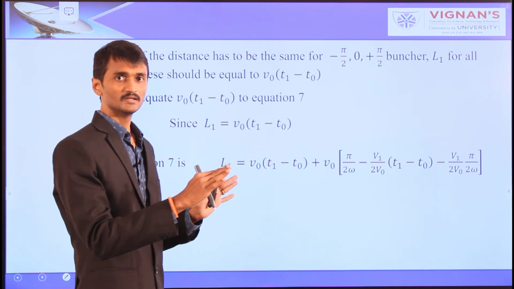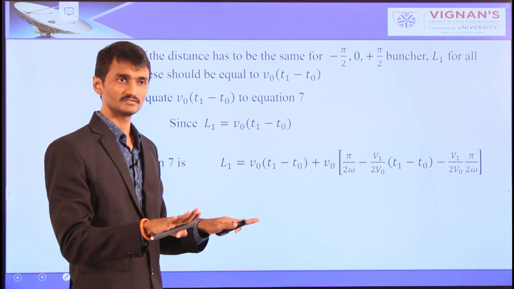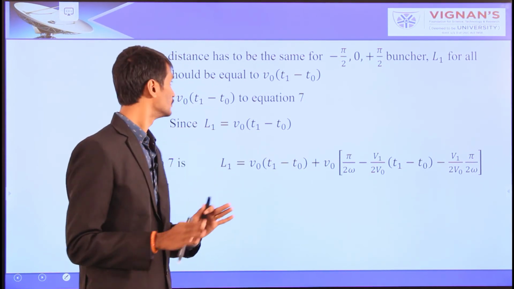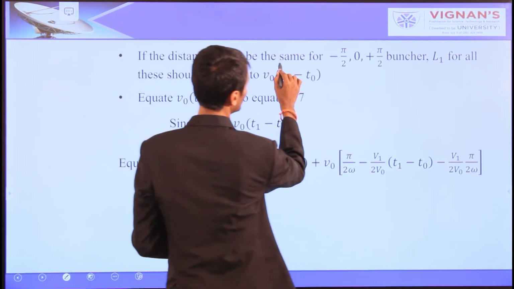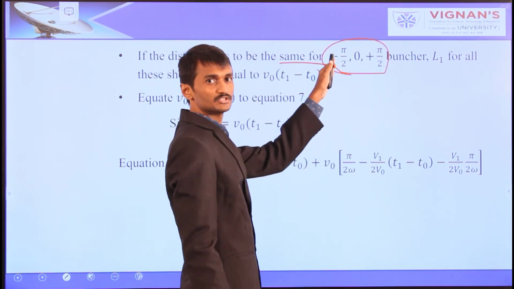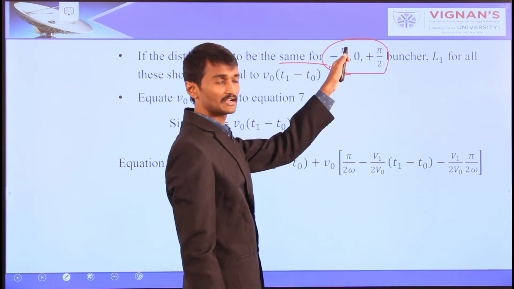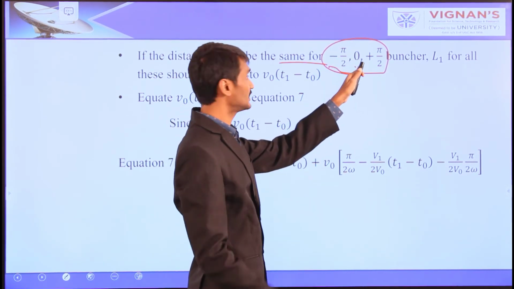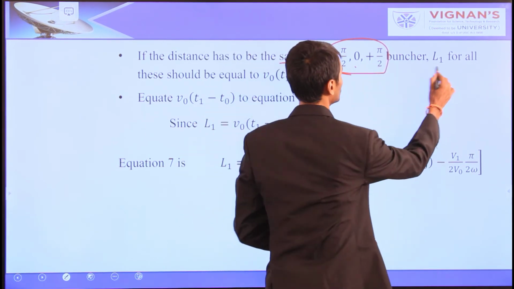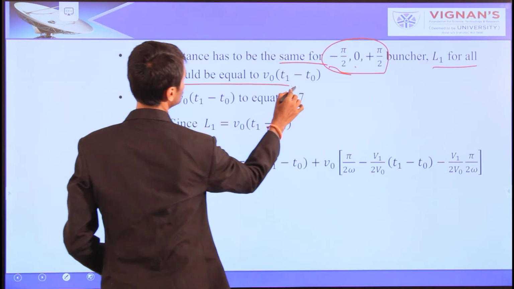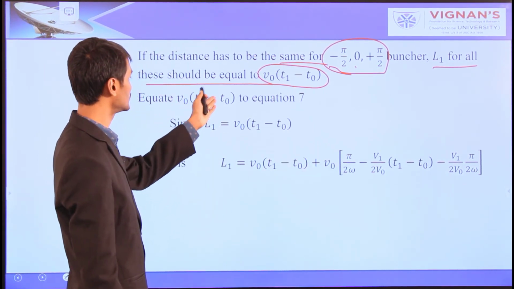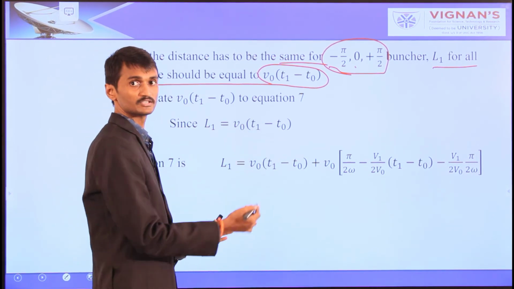So the distance is the same for all the electrons, but the velocity of these electrons will change. For the electron moving with minimum velocity, the electron moving with the same velocity and the electron moving with maximum velocity, the buncher length L1 should be V0 into T1 minus T0, and we can equate it to the 7th equation or 8th equation.